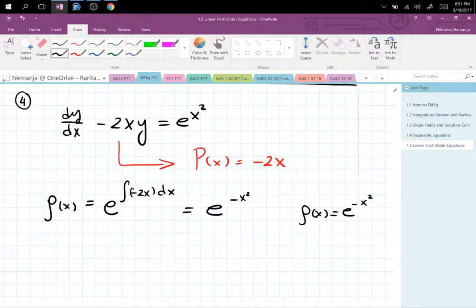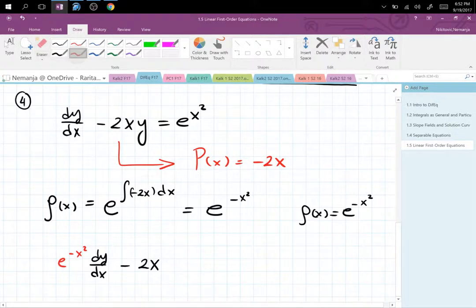So what do I do? I multiply that throughout the differential equation. So I will have e to the negative x squared times dy dx minus 2x e to the negative x squared times y equal e to the negative x squared times e to the x squared.